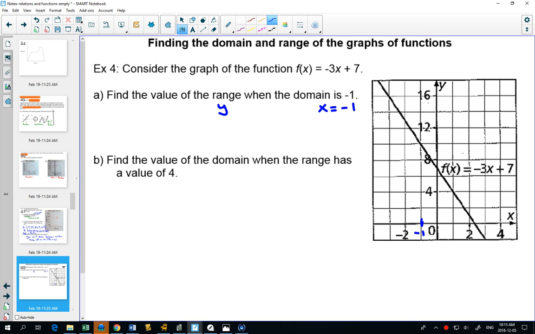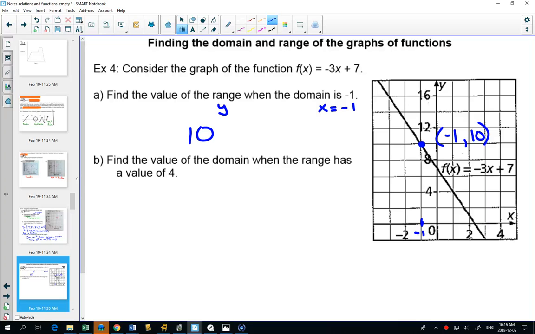Do I have a point on that graph when x is negative 1? Yes, I could go up to the graph and say, there's the point where x is negative 1. What's my y value? That point is at negative 1. The y value, 2, 4, 6, 8, 10. The value of the range when x is negative 1 would be 10.